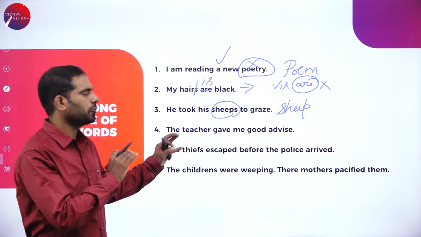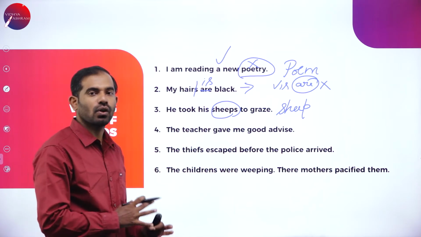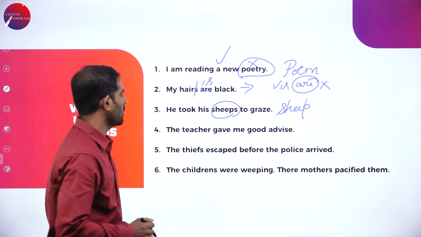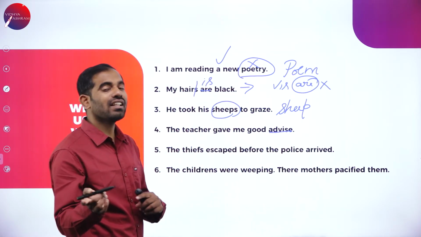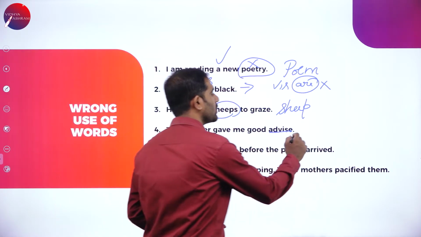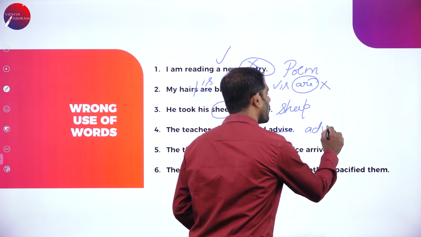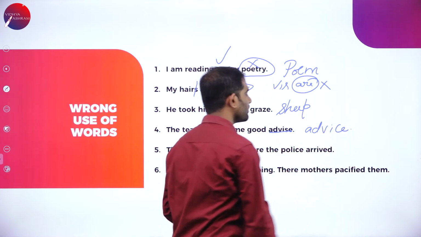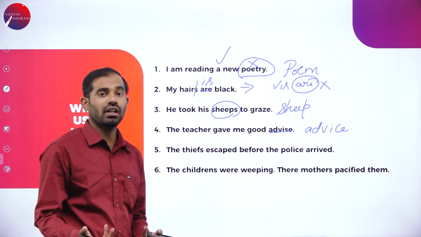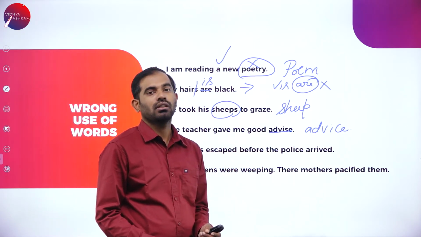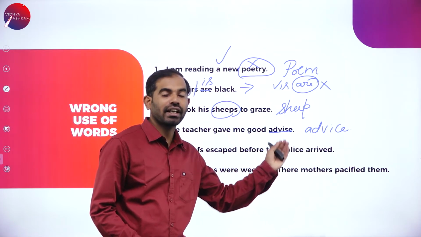Singular and plural. The teacher gave me good advice. This looks perfect. Is it so? No. What is this good advice here? If you check the spelling of advice, you get to see another advice as well. This advice, an error really, wrong usage, sir, it is perfect. The spelling is good, it's correct.